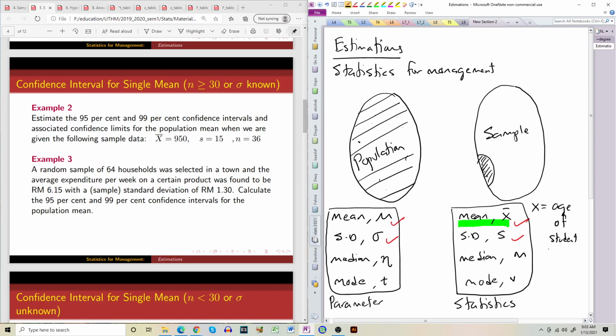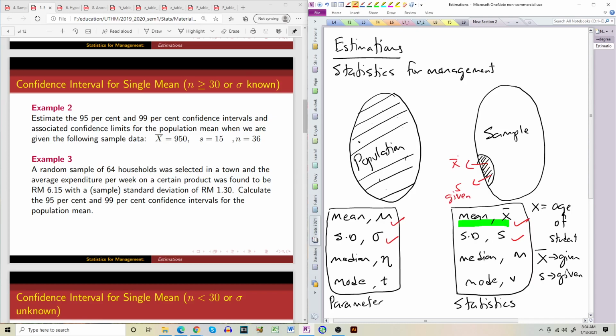Now let's say I take the average, the mean age of my students in my class, it is given, and the standard deviation of the age of my students is given. Okay, the X bar and the S are given.